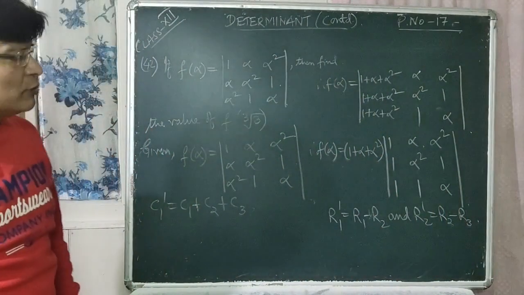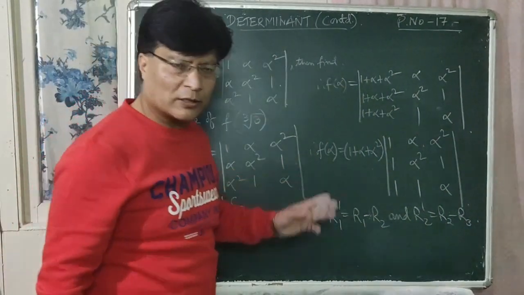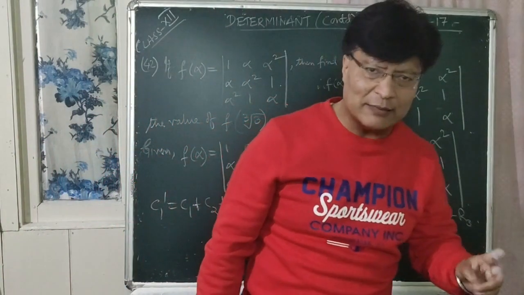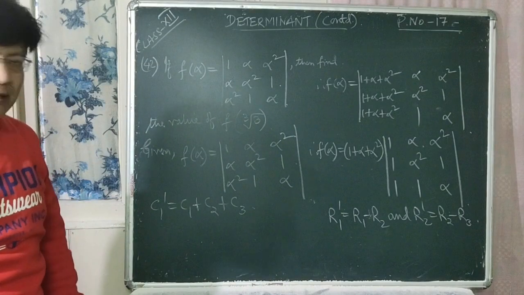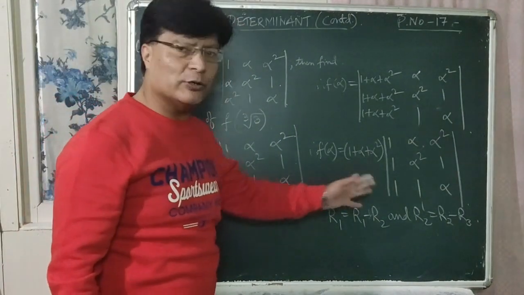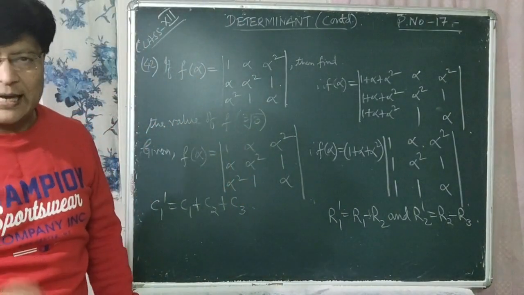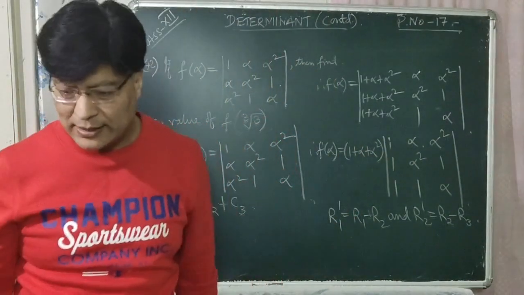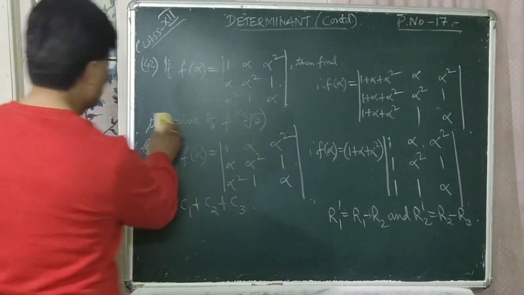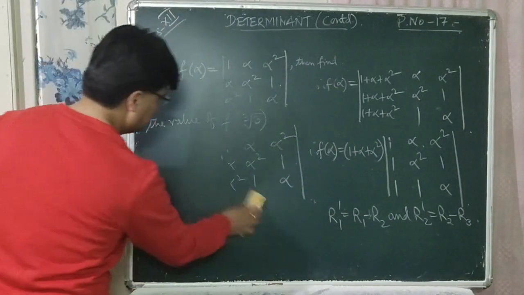Okay? Now you know that in a third order determinant, at a time, maximum 2 properties can be used, right? So in this case also we are using 2 properties at a time so that we can make 2 ones 0, right? So let's use this property now.